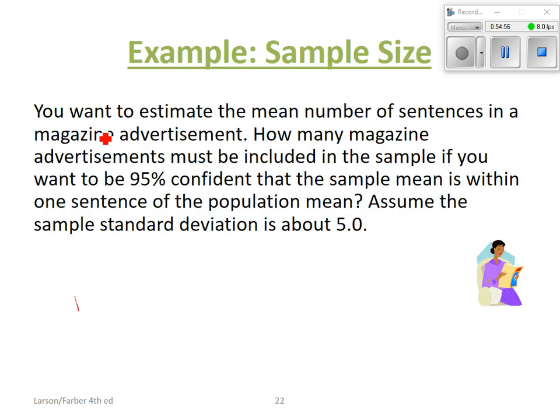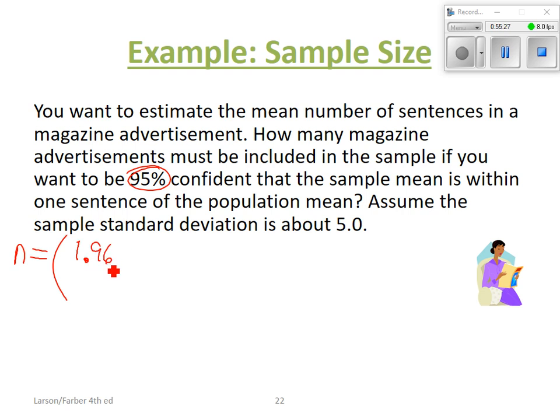So on this one, let's see, what's it tell us here? 95% confident, we grab our chart. N equals our critical value. Our critical value, 95%, 1.96, times sigma.